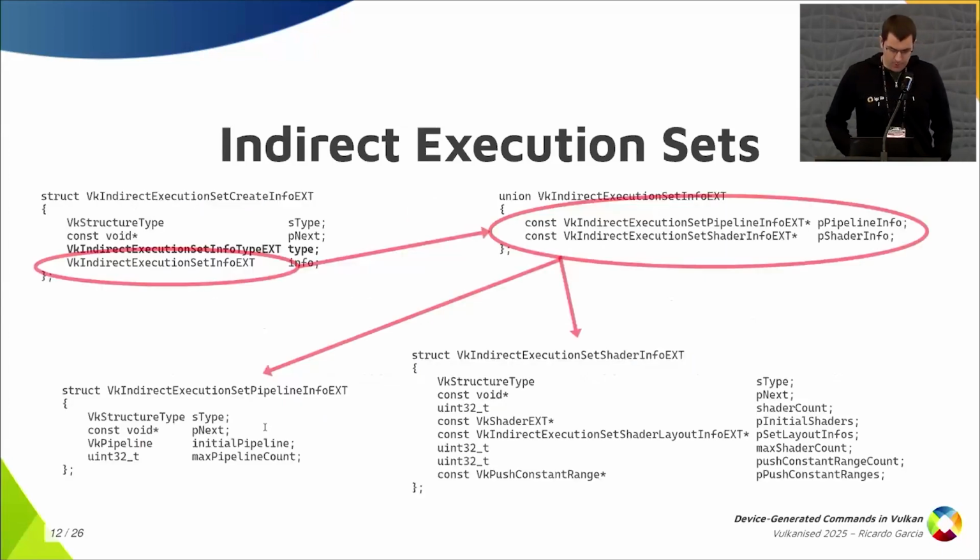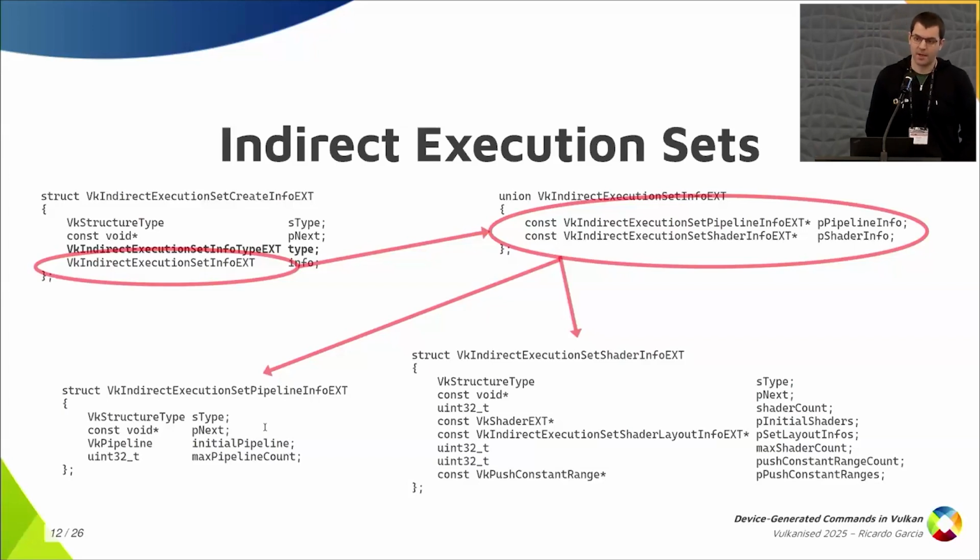So the way to create the execution sets is the one you see here, where we have, again, one of those create info structures. There we have to indicate the type, which is pipelines or shader objects. Depending on that, you have to fill one of the pointers from the union on the top right here. And then, for example, if we focus on pipelines because it's easier, on the bottom left, you have to pass the maximum pipeline count that you're going to store in the set, and an initial pipeline.